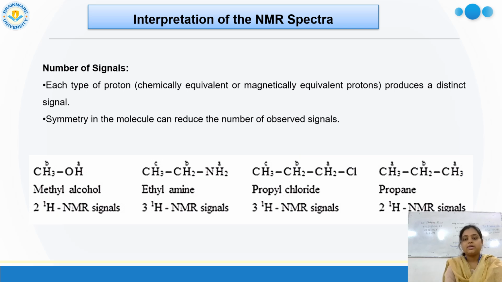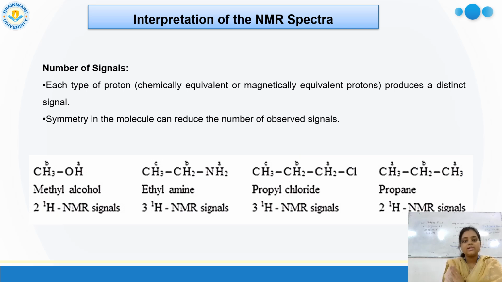Now, interpretation of the NMR spectra. Number of signals. In the previous slide I told you that these are not peaks, these are signals. In NMR we call every peak a signal.